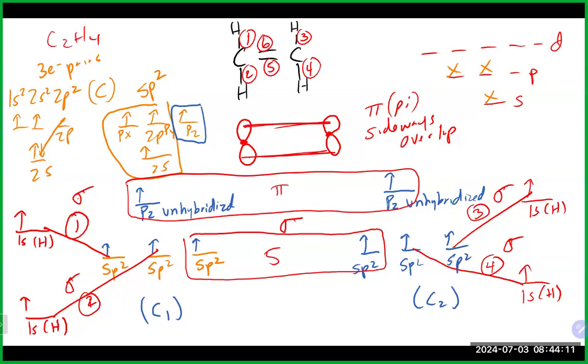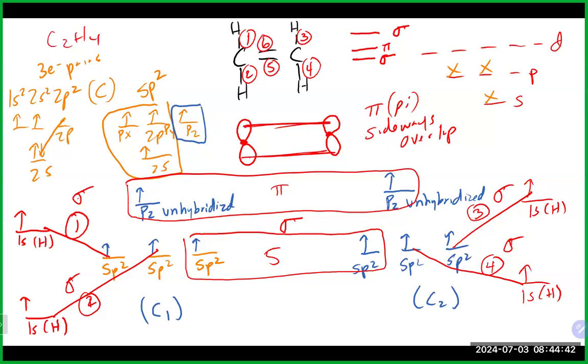And now we've accounted for all the electrons that are going to make these bonds. So a single bond is made up of a sigma bond through the overlapping of the orbitals head to head. A double bond is made up of a sigma bond and one pi bond: a sigma bond making straight on, and a pi bond with these unhybridized p orbitals doing this sideways overlap.